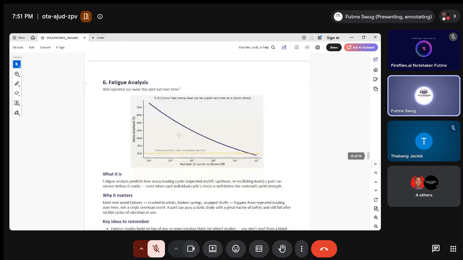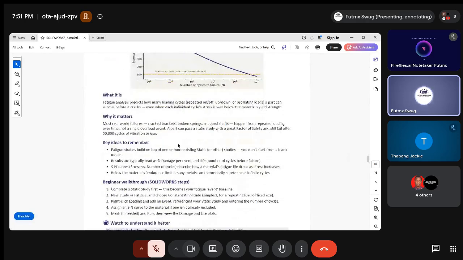So with that analysis, you are able to predict how many loading cycles that part can undergo. So if it can undergo maybe 1,000 loading cycles, you will know that, okay, under the course of its life cycle, it can undergo 1,000 load cycles before it collapses or before it bends. So that's what your fatigue analysis helps you to do.